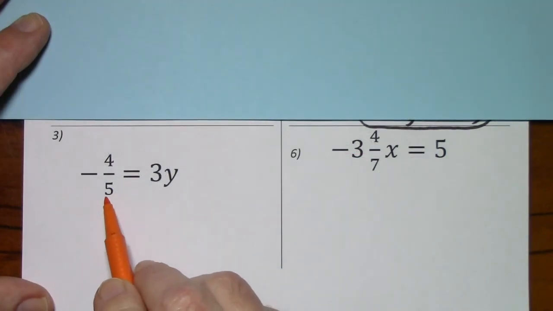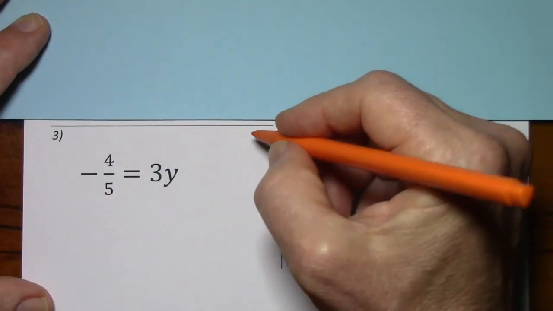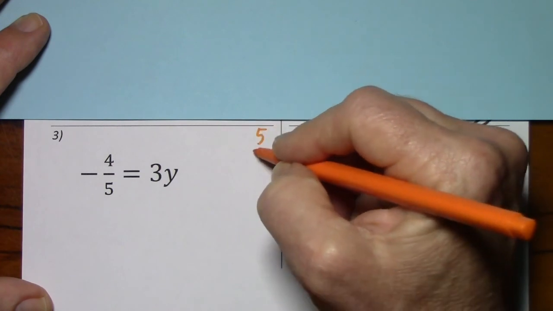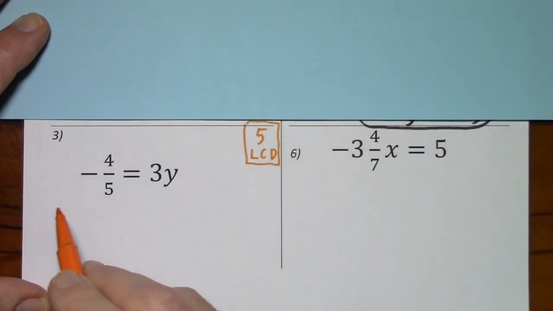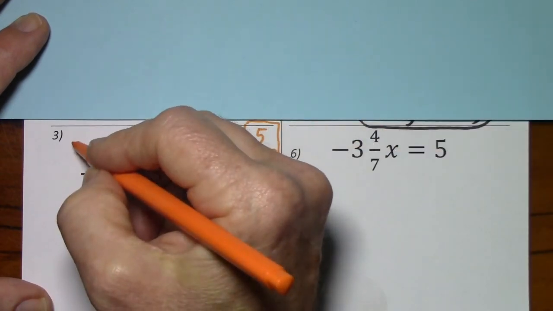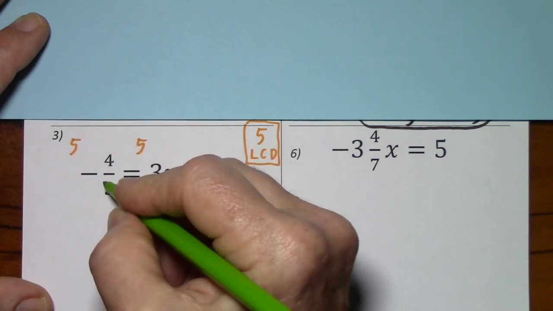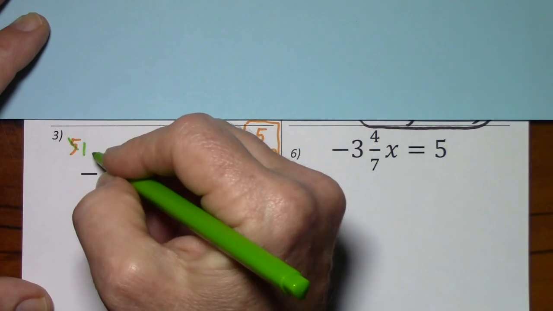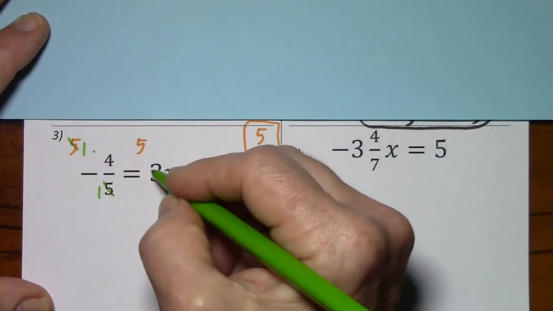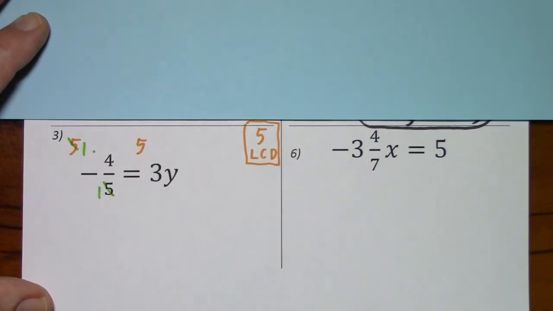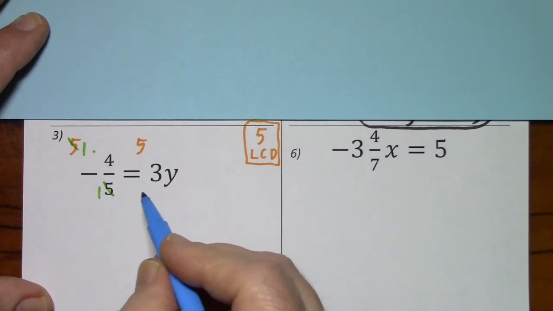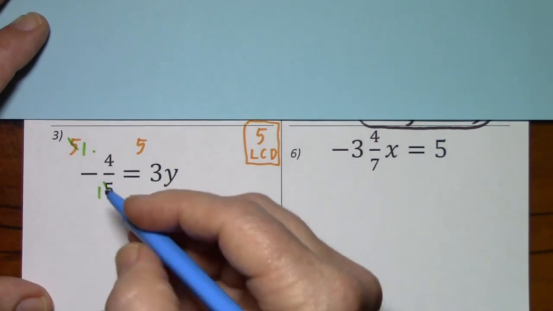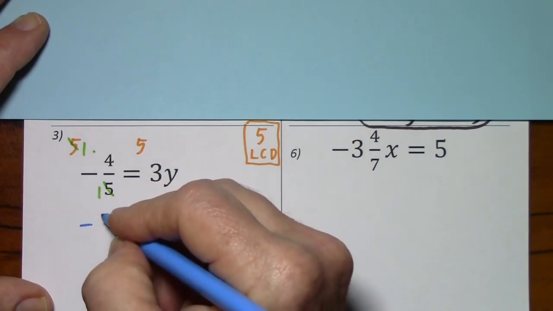Here there's only one denominator of 5, so 5 is our least common denominator, and we multiply each side by 5. We simplify first. Divide by 5 is 1. Divide by 5 is 1. And here we can't simplify. So rewriting this equation, we have a negative 1 times 4 is negative 4.